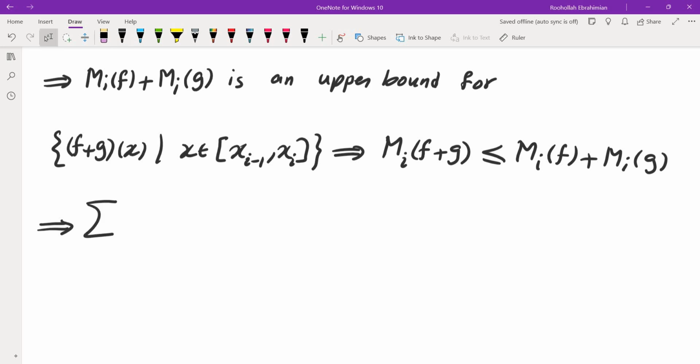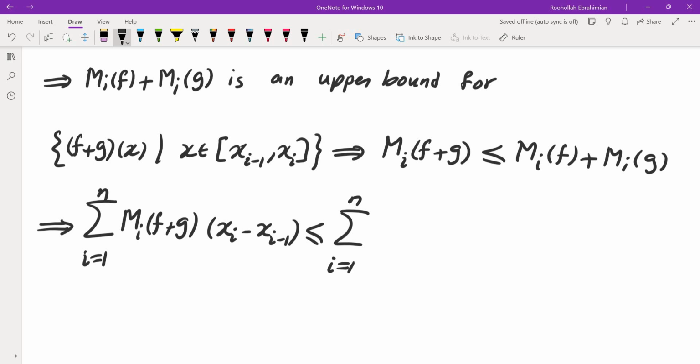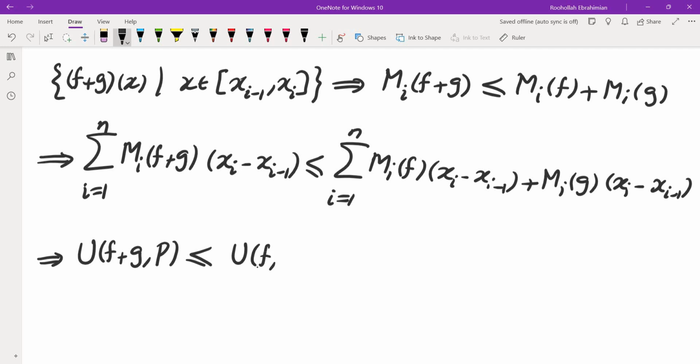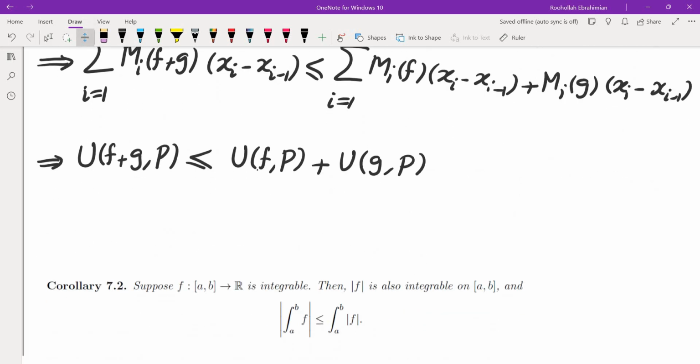You get the sum, i equals 1 to n, of Mi of f plus g times xi minus xi minus 1, is less than or equal to the sum, i equals 1 to n, of Mi of f times xi minus xi minus 1 plus Mi of g times xi minus xi minus 1. The left side is the upper sum of f plus g. The right side is the upper sum of f plus the upper sum of g.